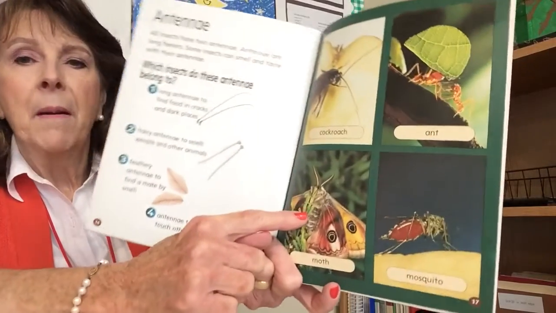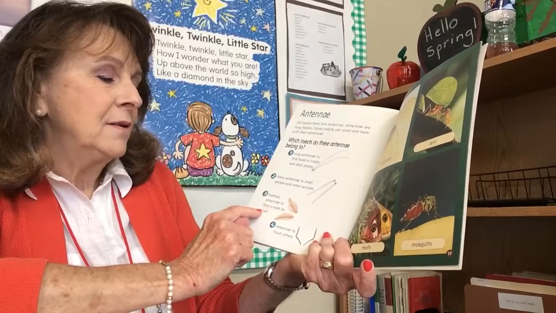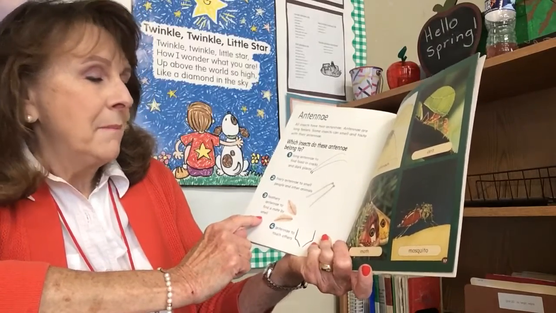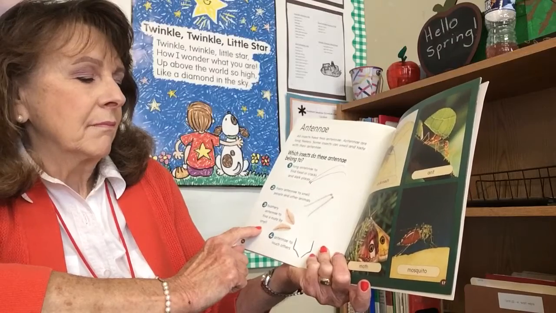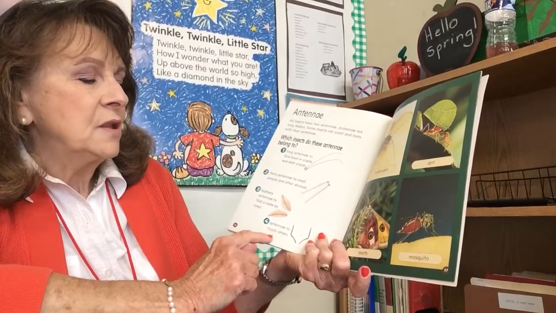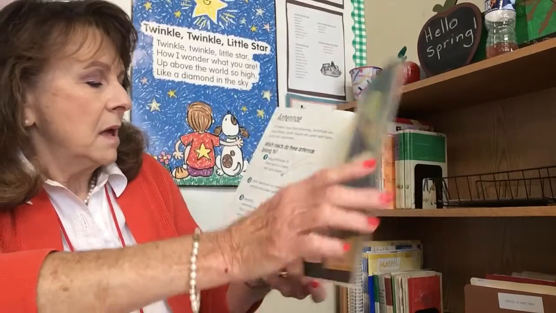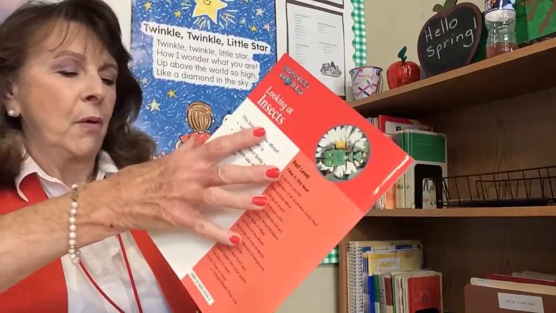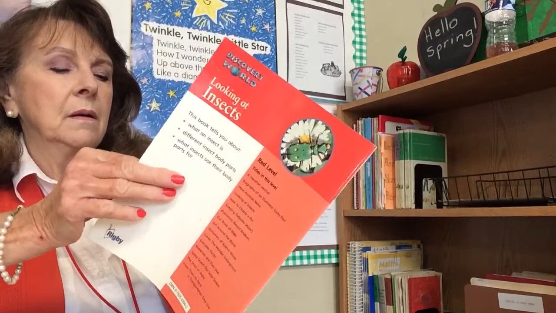That's probably the moth. And then feathery antenna to find a mate by smell. And this antenna to touch others. I believe that's the ant. So let me see what number 3 is. That one's a tricky one.